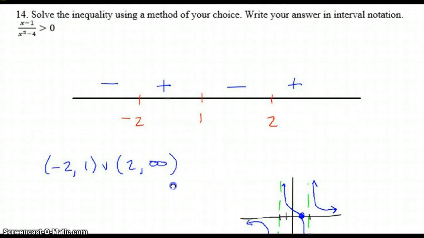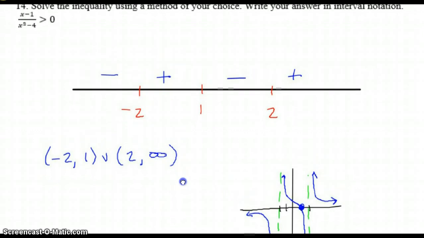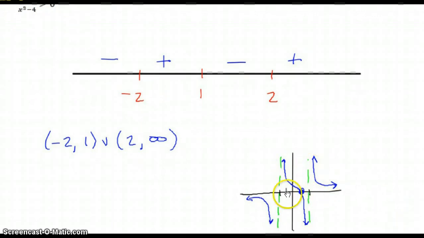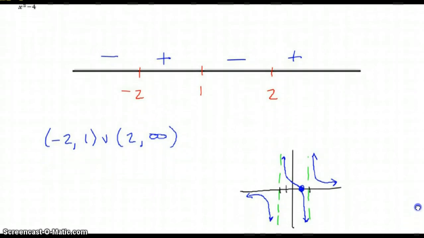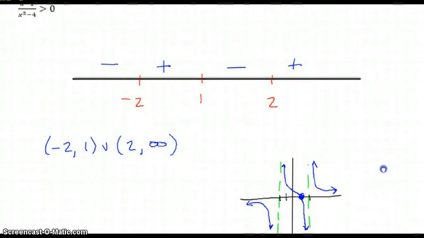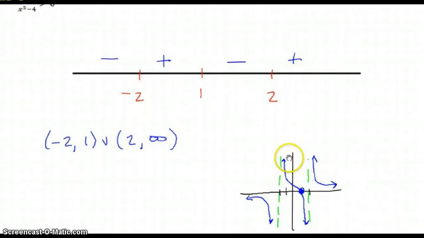Now that might be a little bit shady for you, so you might want to focus on graphing the rational function on the left. If you graph the rational function on the left, you'll have two vertical asymptotes, and then you have an x-intercept. And if you graph and plug in values, you'll know where to place your graph.